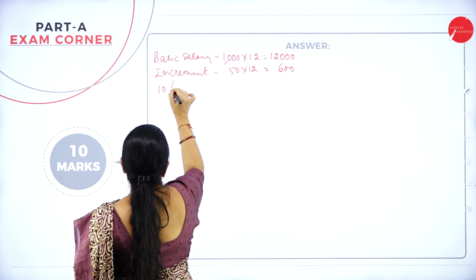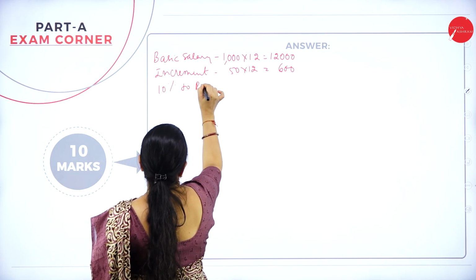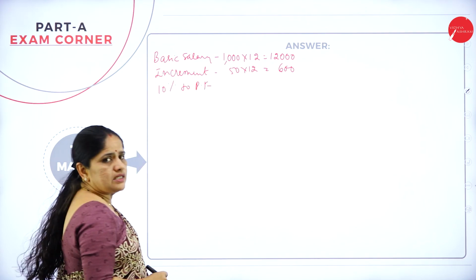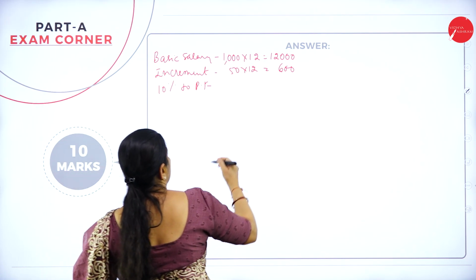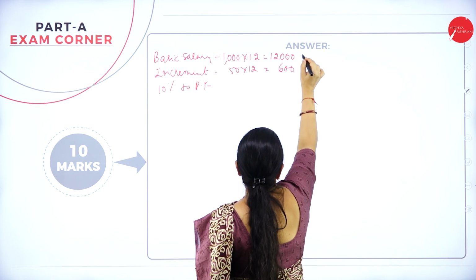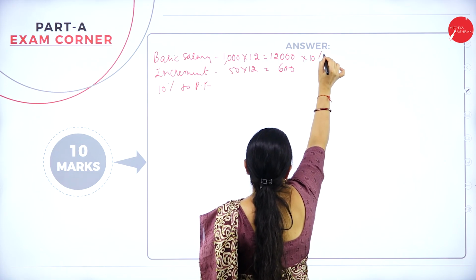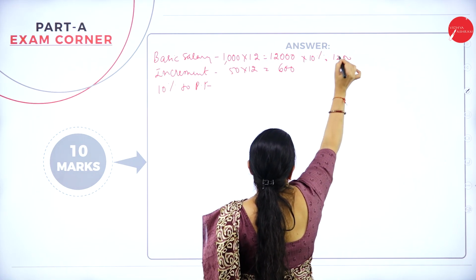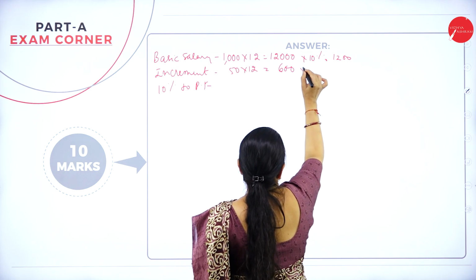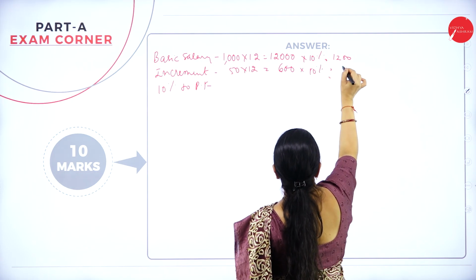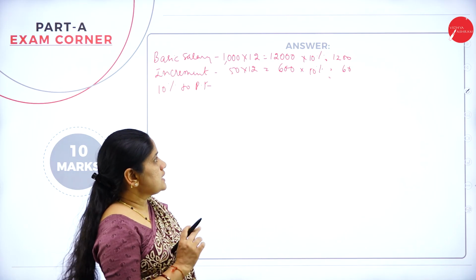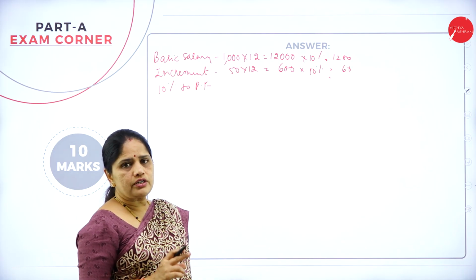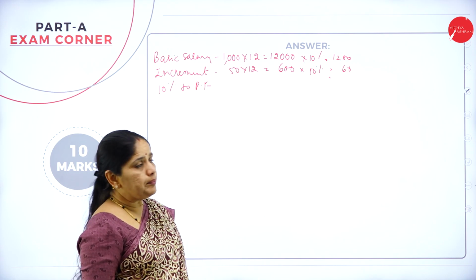So 10% of the total salary will be going to the Provident Fund. So 12,000 into 10% will be 1,200, and 600 into 10% is 60. So in the first year he contributes 1,200 to the PF.